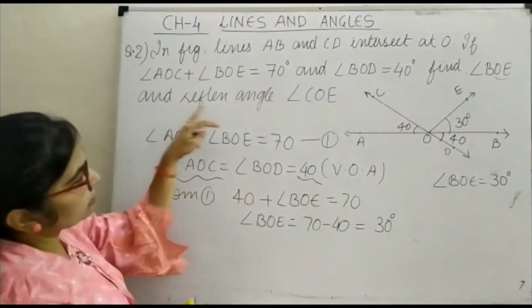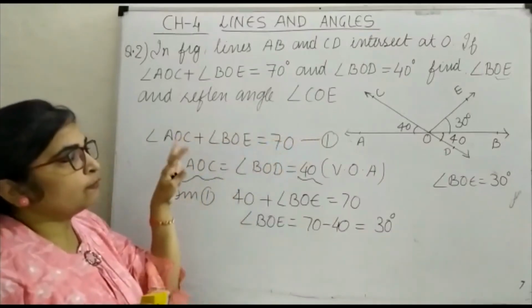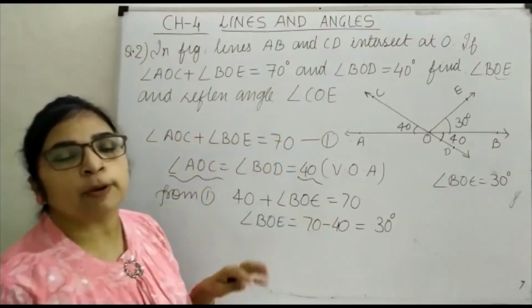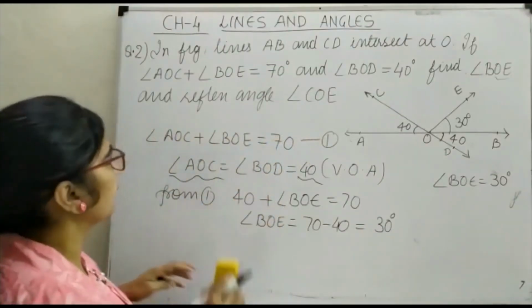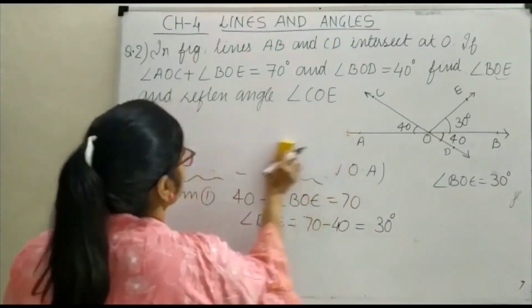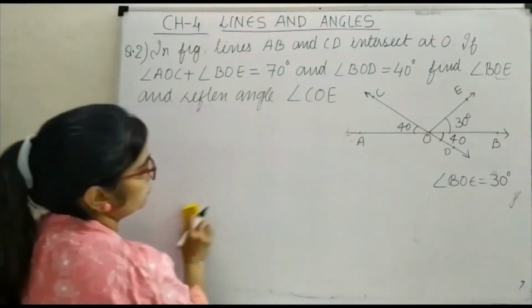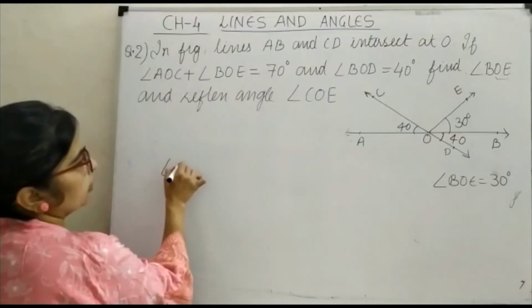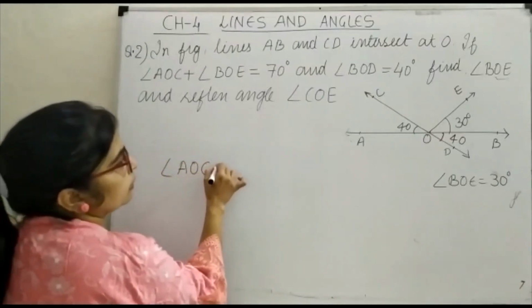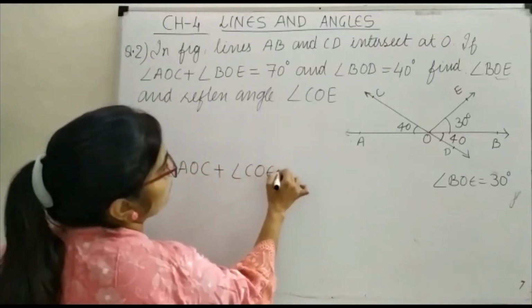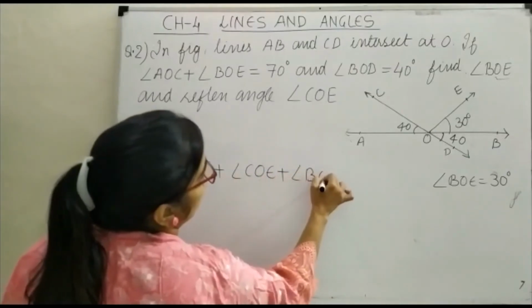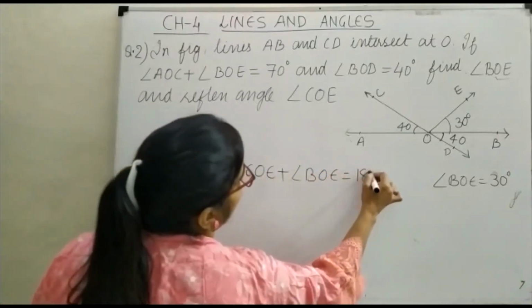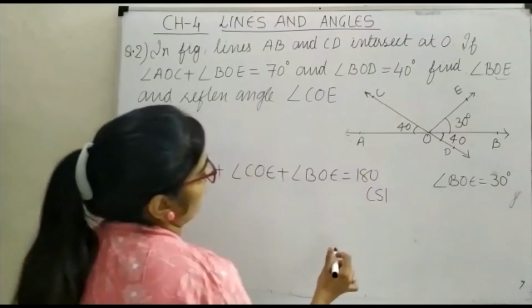Now we will find out the reflex angle COE. Reflex angle COE निकालने से पहले हम लोग angle COE निकालेंगे. वो देखिए आप कैसे निकाल सकते हैं. You know that angle AOC plus angle COE plus angle BOE is equal to 180. Why? Because straight line.